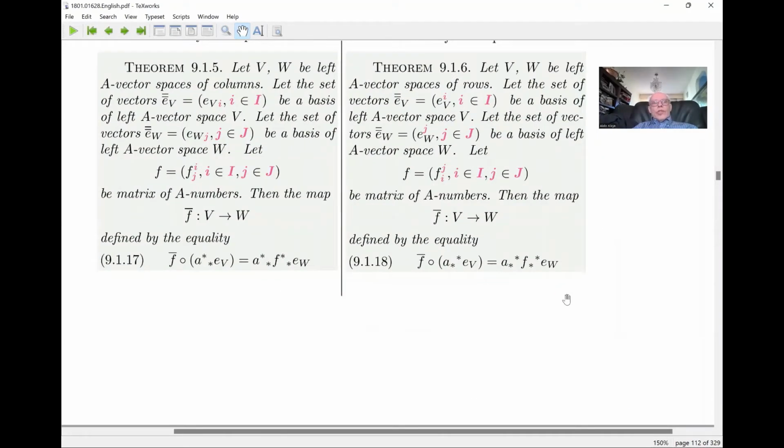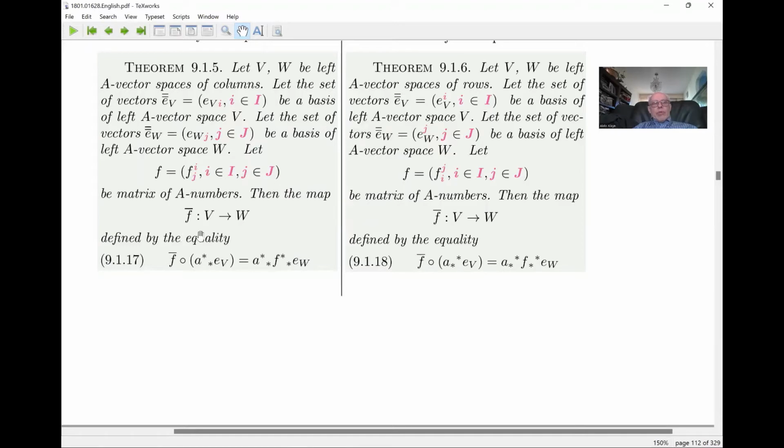Now we consider the converse theorem. Let V, W be left A vector spaces of columns. Let the set of vectors e_V be a basis of left A vector space V. Let the set of vectors e_W be a basis of left A vector space W. Let F be matrix of A numbers.